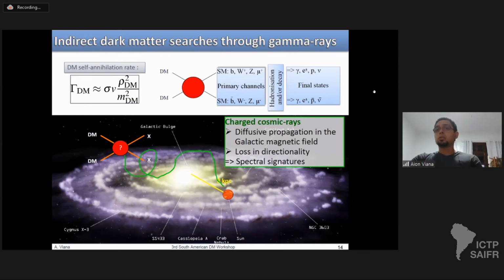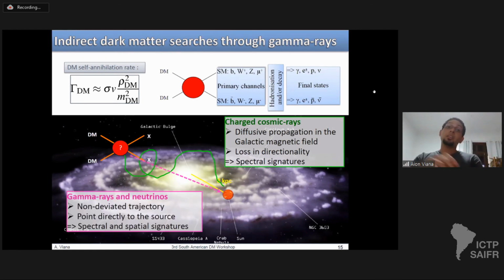The charged particles will basically be cosmic rays. They will propagate diffusively in the galaxy due to magnetic fields. They will lose directionality, but we can still study them with spectral signatures. The advantage of gamma rays and neutrinos is that they do not deviate from their trajectory, so they point directly to the source. We can have both spectral and spatial signatures.